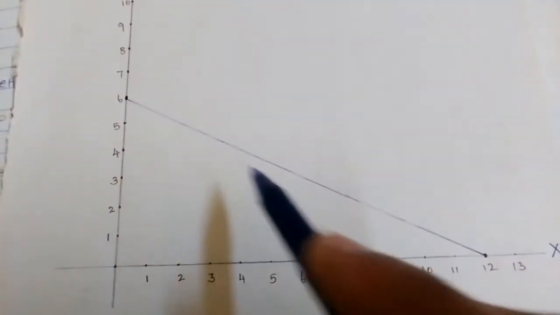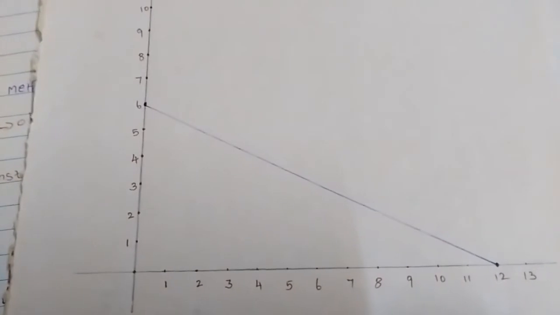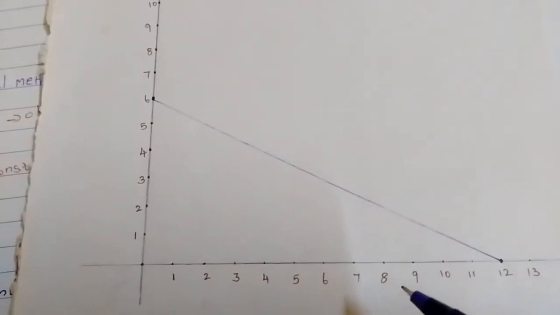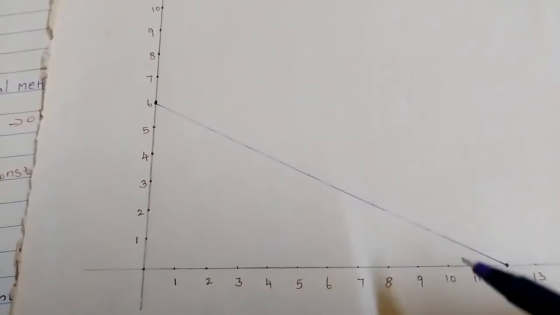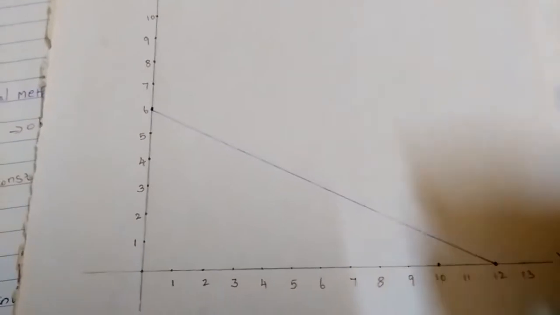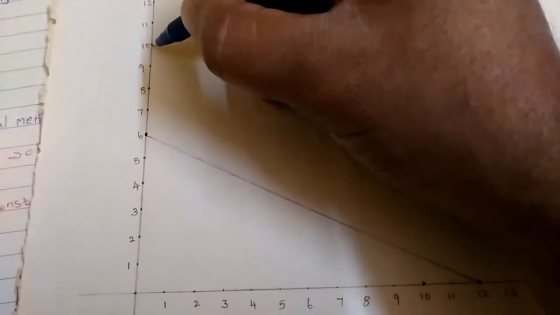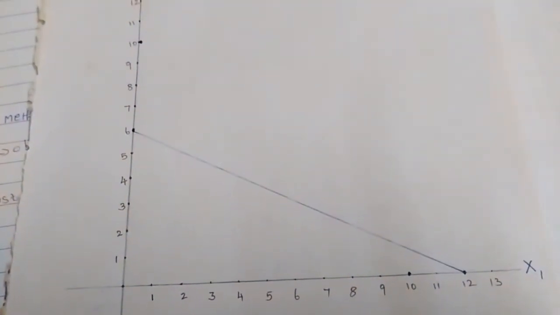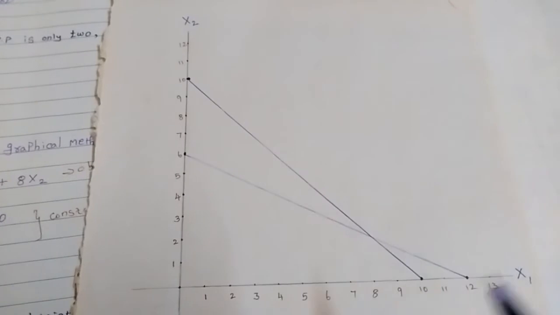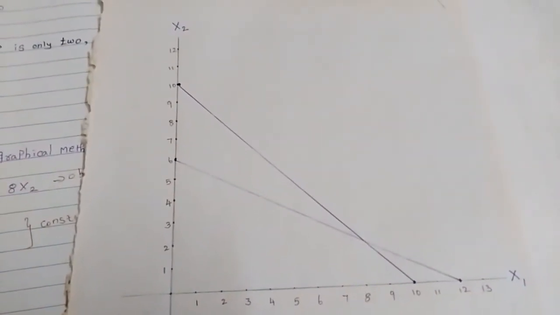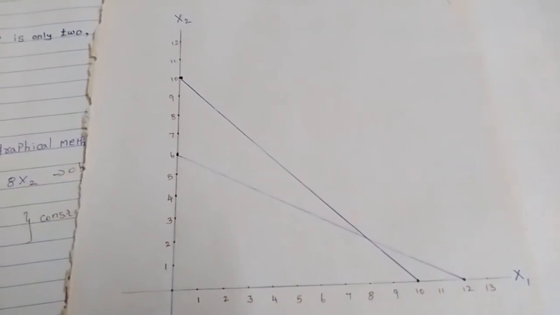So it is joined. Then mark the second constraint coordinates. x1 equal to 10, x2 equal to 10. Similarly mark the points and again join these 2 points using the scale, a straight line. So in the end, in the x1 x2 plane we draw both the lines for the constraints.